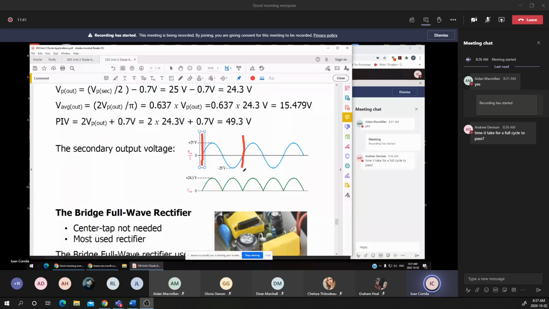For the output voltage, DC voltage, now what did you notice, guys? What is the period? Repetitive length of time. What did you notice? The frequency of the output voltage is twice the frequency of the input voltage.